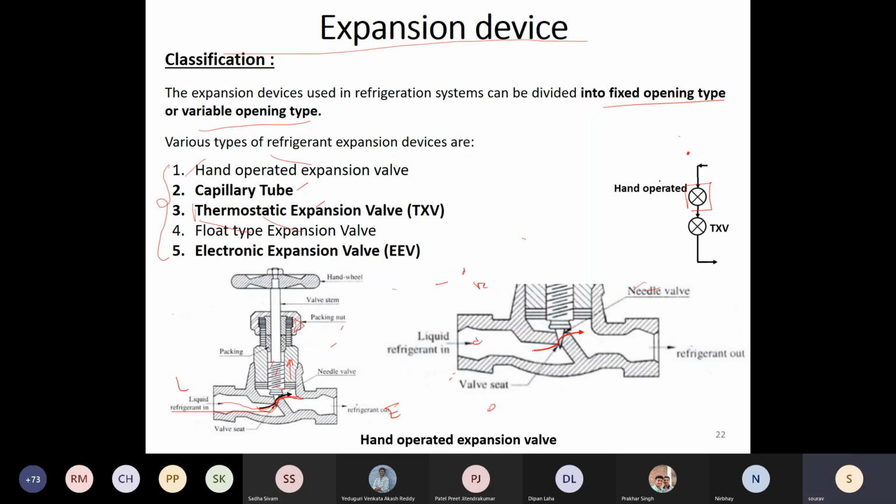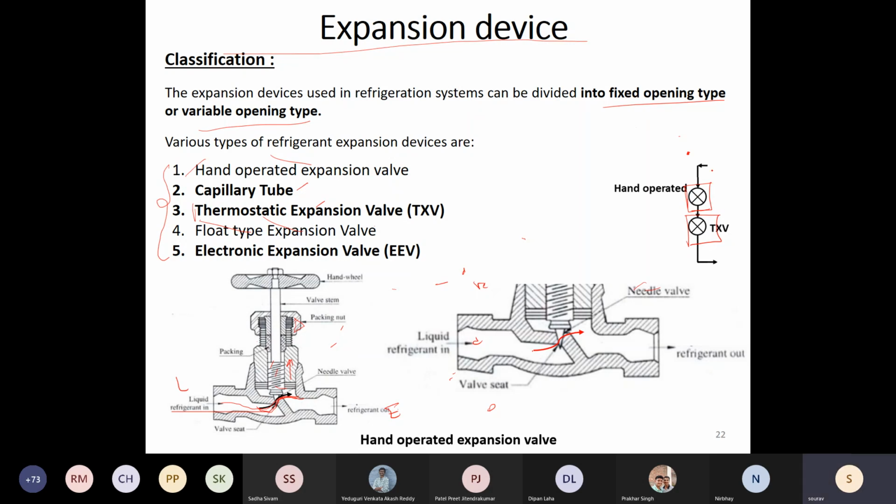Or let's say your thermostatic expansion valve is unable to provide you the desired pressure drop, then you can place a hand operated valve in series and rotate your hand wheel to that particular condition where you get your desired pressure drop and mass flow rate. So you can use this hand operated valve to fine tune your system operation.